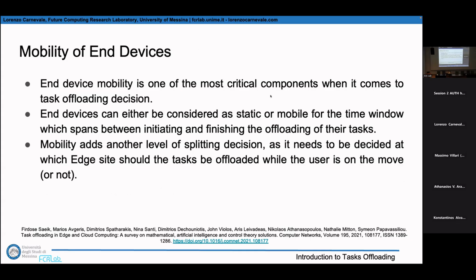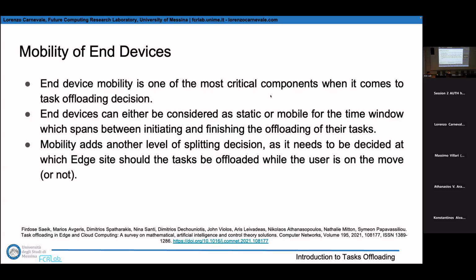Another point is whether the end device is mobile or not, because the discussion we did so far is quite linear if we talk about static devices. But of course, the end device, mostly if we talk about smartphones, drones, robots, and not maybe some IoT installed in a farm or at home, can move.